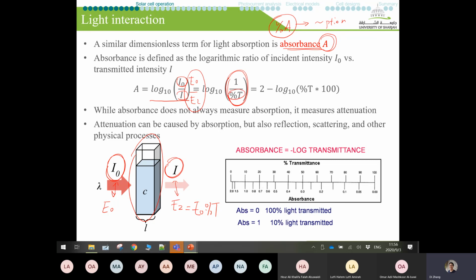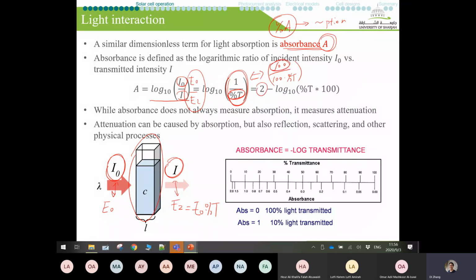Because the transmission is a percentage term, we can convert this by multiplying by 100 on both sides, on the top and on the bottom. So this will be 100 over 100 times percentage T. Since we're doing log 10, the top part, log 10 of 100, equals 2.